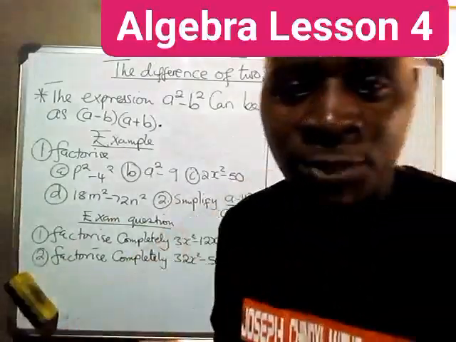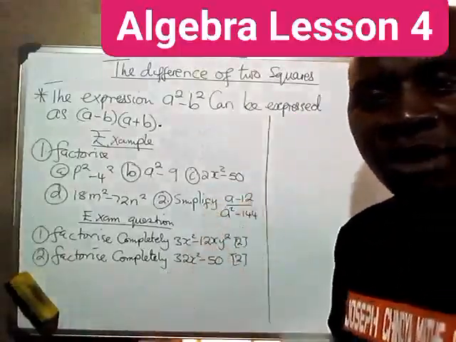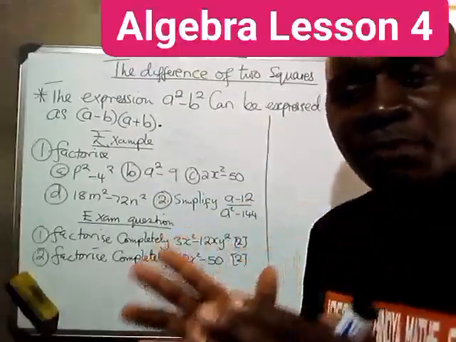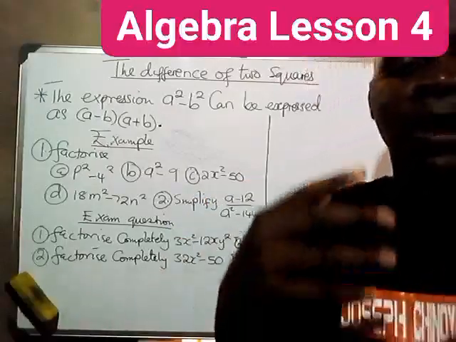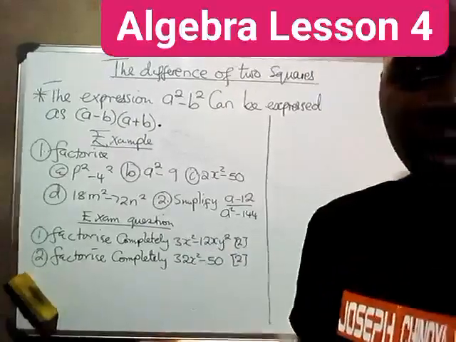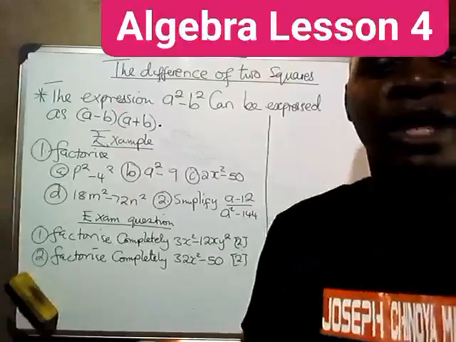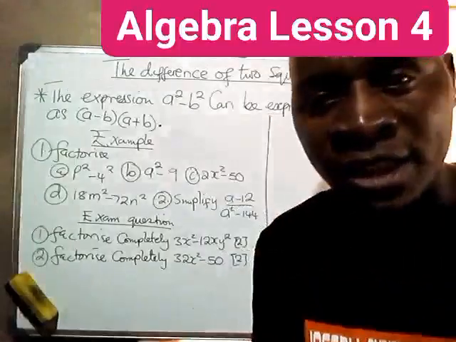Such an expression is factorized as open bracket a minus b, close the bracket, open another bracket a plus b, then close the bracket. That is the way it is factorized.